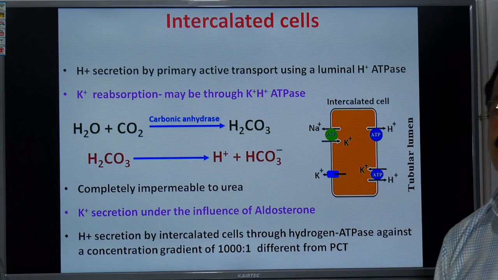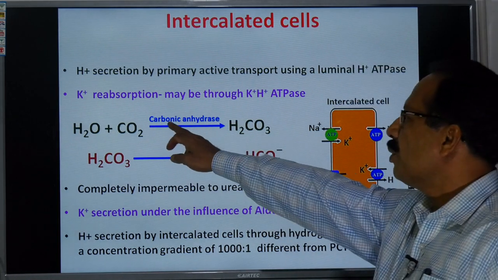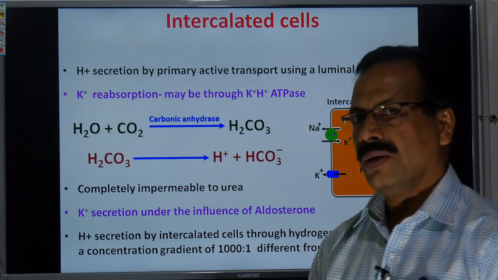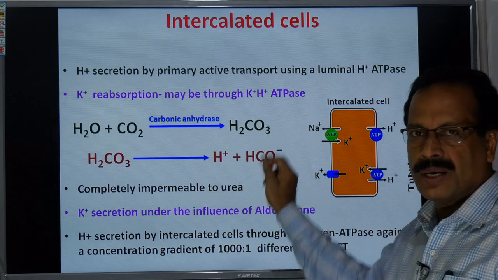This is an active transport. And how is hydrogen produced here at the intercalated cells? In the presence of the enzyme carbonic anhydrase, water combines with carbon dioxide, as happened in the proximal convoluted tubule, forming H2CO3, carbonic acid.